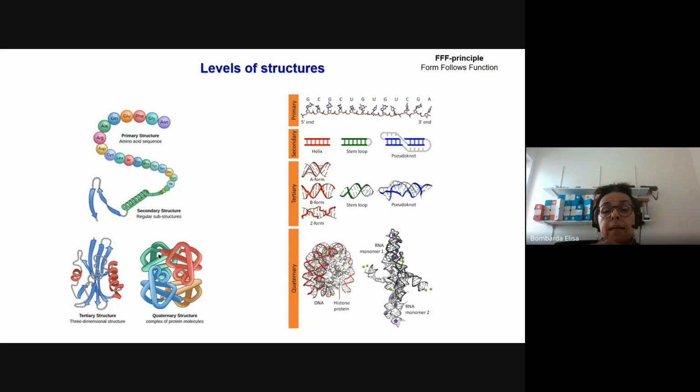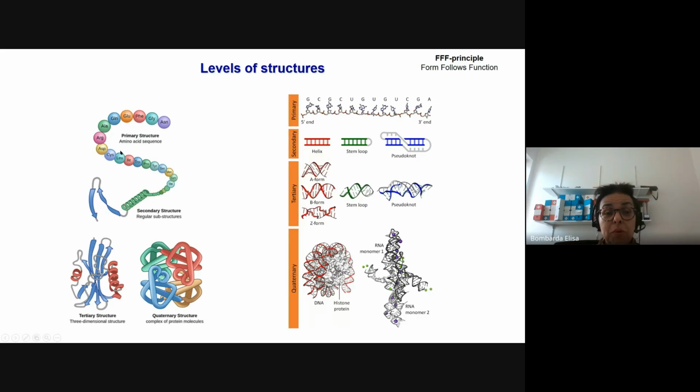Okay, so as I said, let's go also into what is similar. These biomolecules have a certain similarity in the way in which they assemble. We can recognize the so-called primary structure, which is a chain of amino acids.